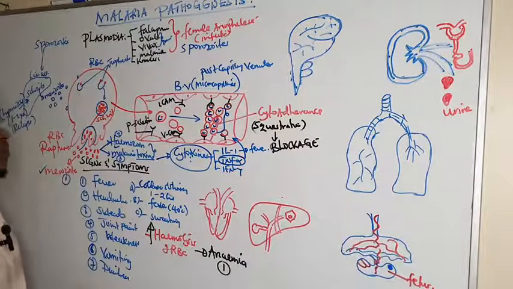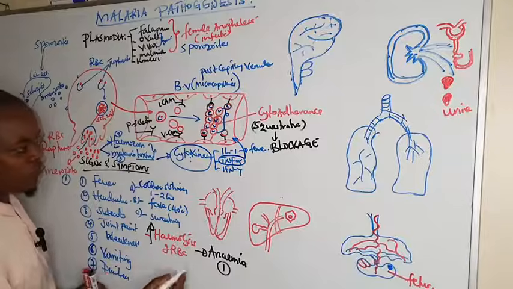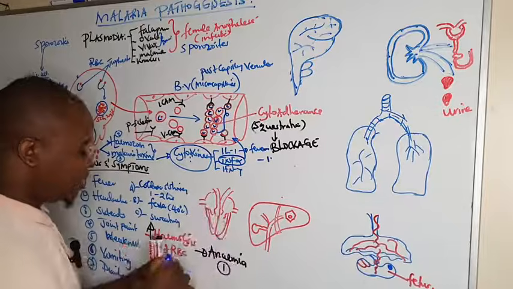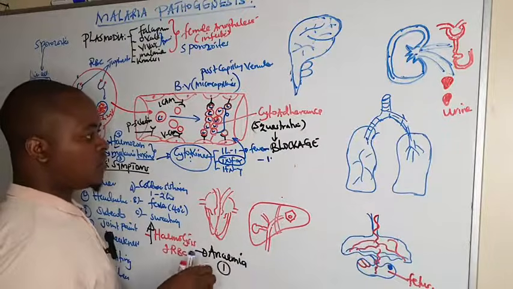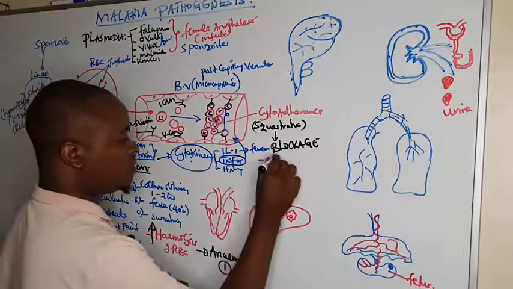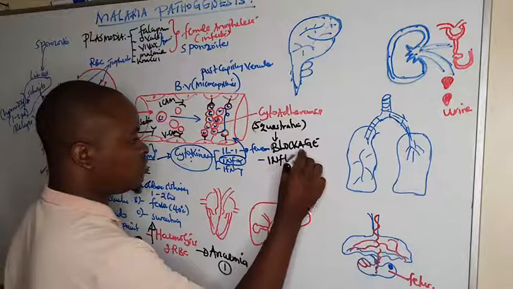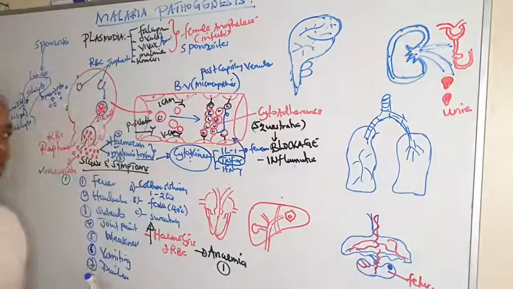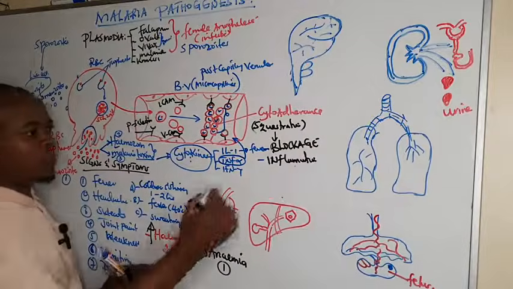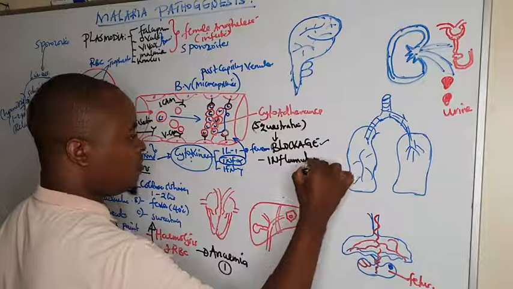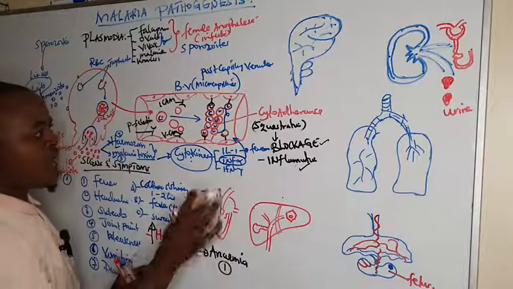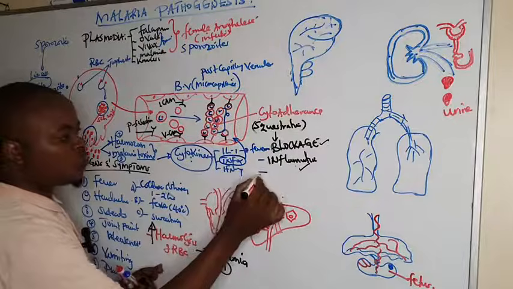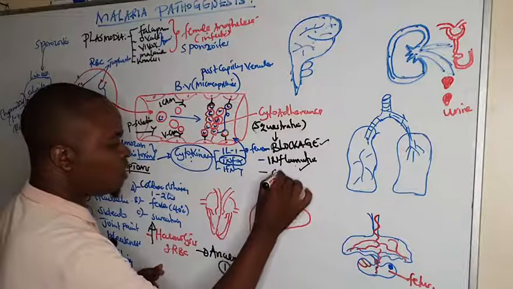At the same time, it triggers what we call inflammation. Apart from blockage, it triggers also inflammation. We are going to see inflammation happening, especially acute. And this one increases tissue permeability. So we see blockage and inflammation occurring. And because of cytoadherence and blockage, it is going to trigger what we call hypercoagulation.